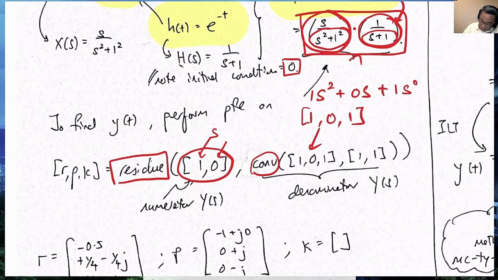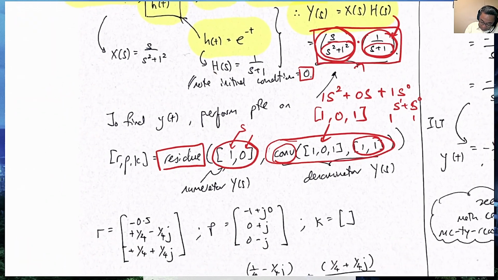What about s plus 1? The coefficient of s to the power 1 is 1, and of s to the power 0 is also 1, so this is 1, 1.